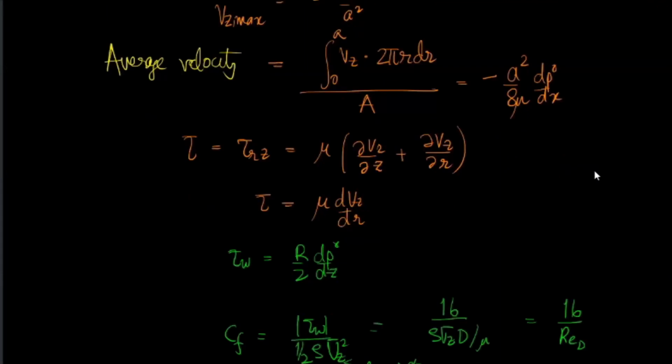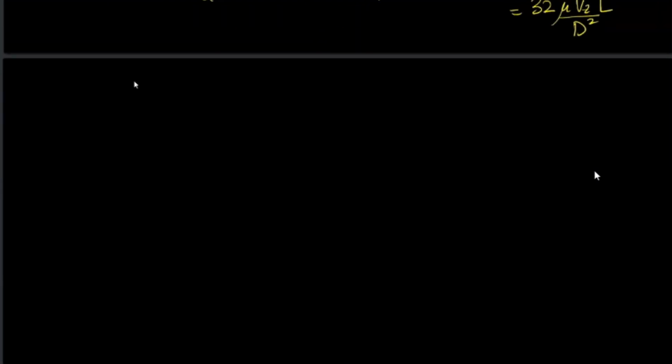If you do the math carefully, the volume flow rate is equal to the integral of Vz into 2 pi r dr. The average velocity is simply the volume flow rate divided by the area. So we can use this over here.